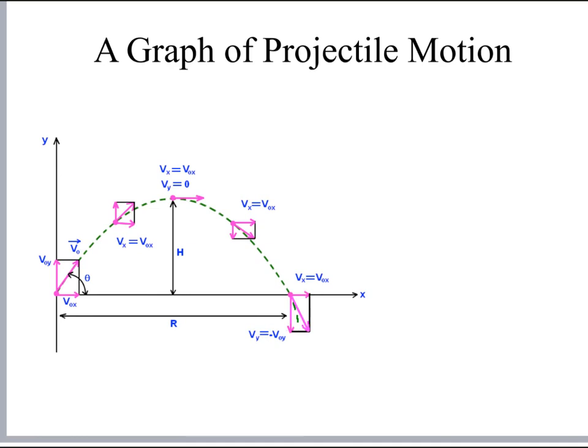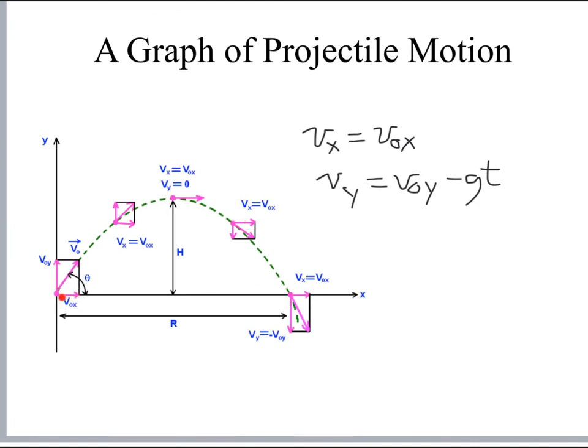One of the things that we know, if we consider the velocity vectors, we have the formulas for the velocity as a function of time. Now, the x component of the velocity is constant. There's no acceleration in the x direction, so the x velocity doesn't change. And so if we look at the x component of the velocity at each of these points, it's the same length, or at least if I had drawn it perfectly, they would all be the same length.